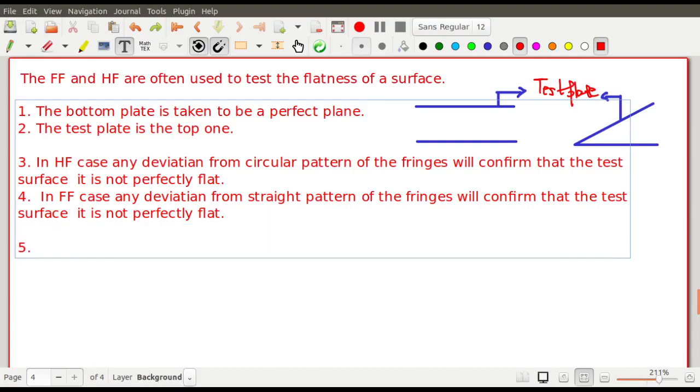So what is done is polishing of the test surface.